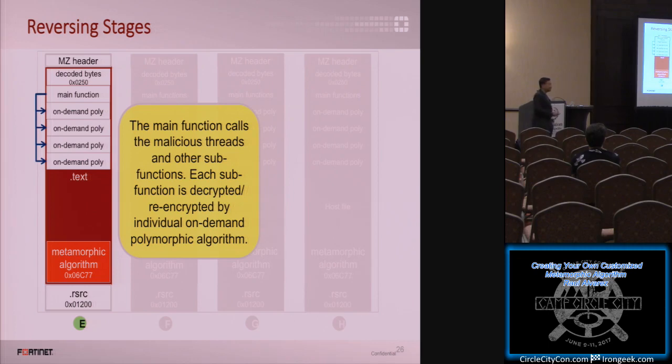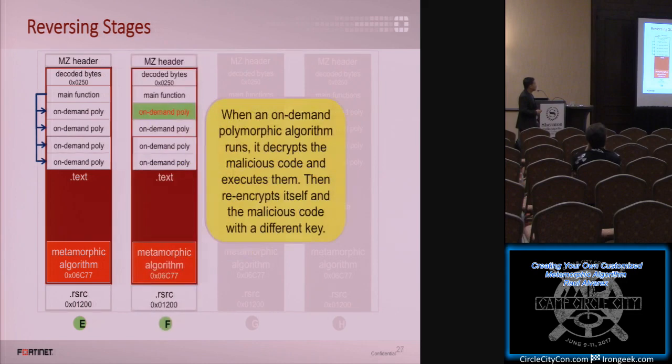So BeerLock has metamorphic, and it also has polymorphic. The problem with this one, I call it the on-demand polymorphic because when you try to run a function, it will decrypt that function, execute the function, and encrypt it back. But when it encrypts it back, it uses a different key.